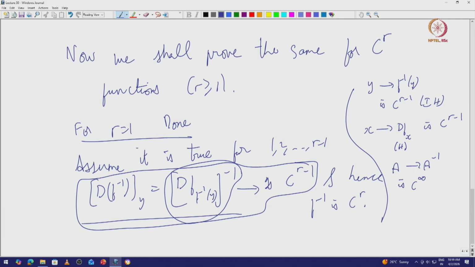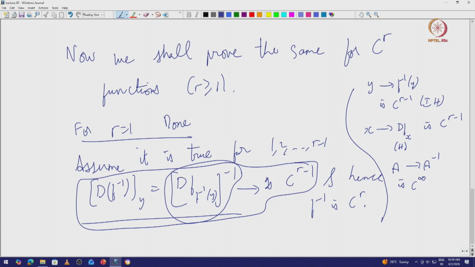A inverse has a nice formula, remember. A inverse by Cramer's rule is a matrix whose entries are polynomials in A, so hence that is a smooth function, divided by the determinant of A. The determinant of A is itself a polynomial in the entries of A, so that is also smooth. The ratio of two smooth functions is smooth provided the denominator is non-zero, and indeed it is not 0 in our case.